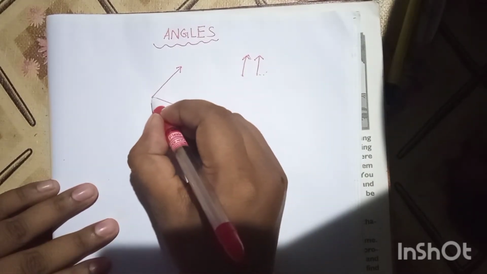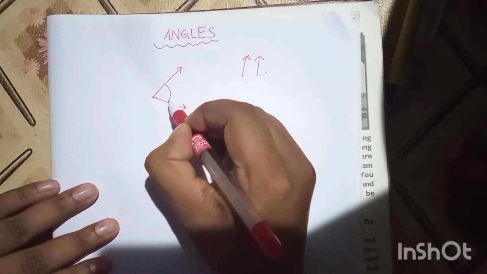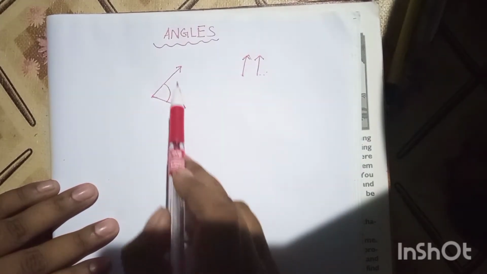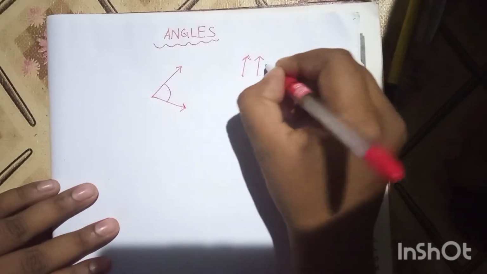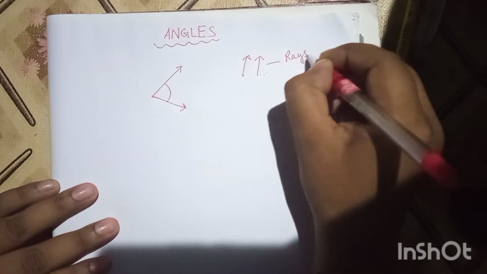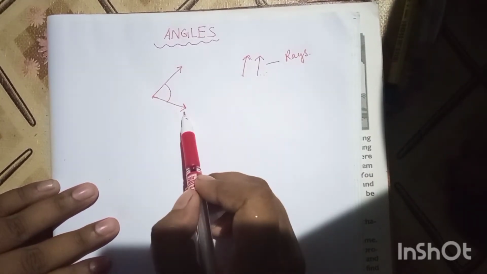So the area between two rays, these two are rays, right? And when we join them together, we get a figure like this.